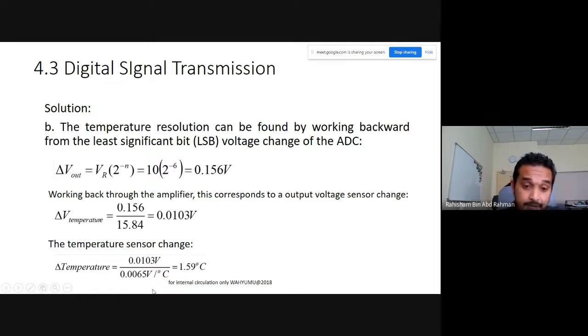So for one voltage level we will have a change of 1.59 resolution, temperature change. Okay, have a look yourself, try to review.